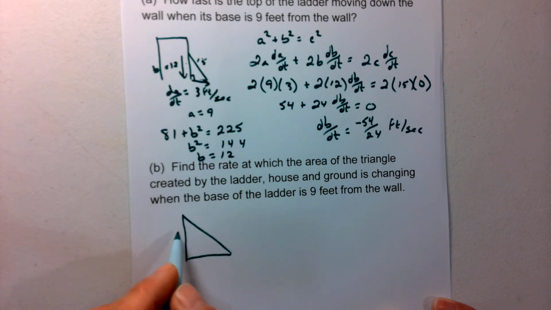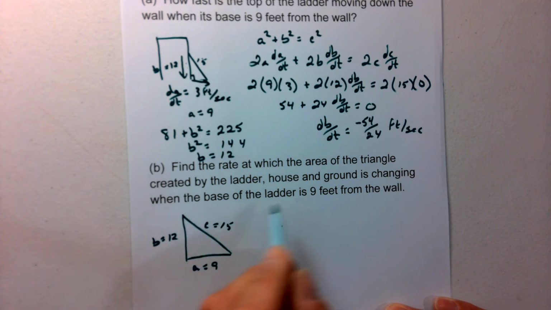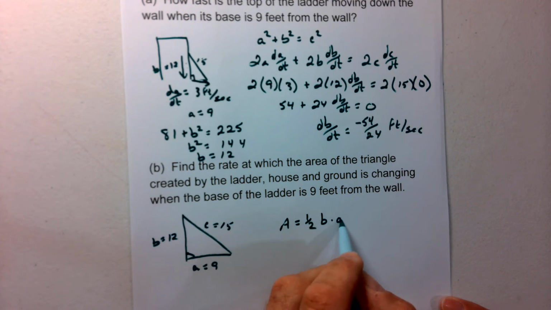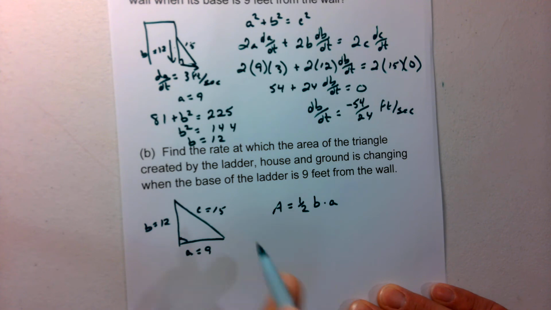So now, if we have our triangle here, we know that B is 12, we know that A is 9, we know that C is 15. We need a relationship between the area and the side lengths. So we know the area is going to be 1/2 of the base times the height. So we have 1/2 of B times little a. If you want to change these to h's, you can, so you don't get the a's mixed up.